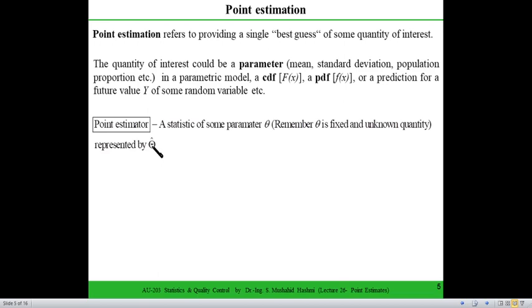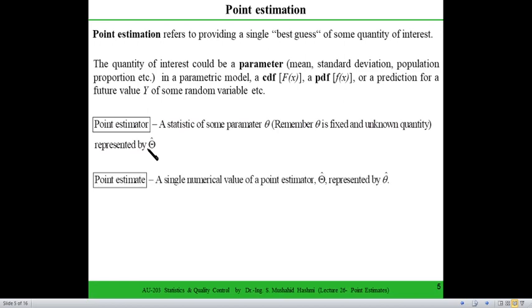Capital theta cap is called a point estimator because you are interested in a point value or a single value, not in a range of values. In interval estimates, you will be dealing with a range of values rather than one particular value. In today's lecture, we will be only talking about point estimates.